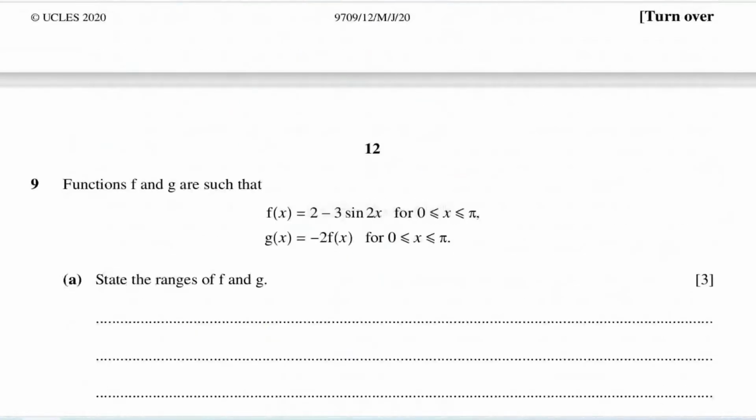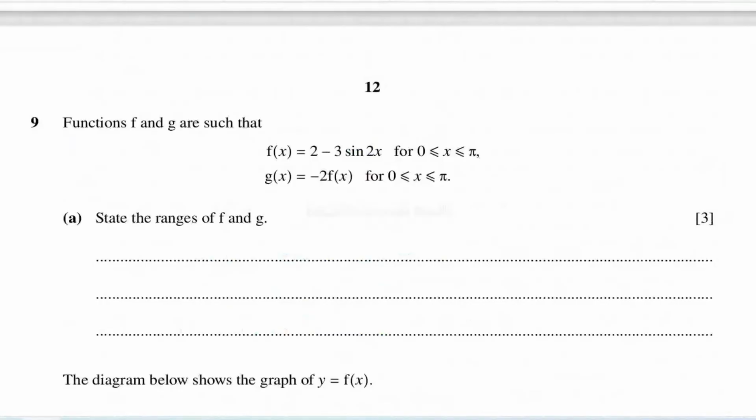Next, question number 9. Functions f and g are such that f of x equal to 2 minus 3 sine 2x, g of x equal to minus 2 f of x. State the ranges of f and g.